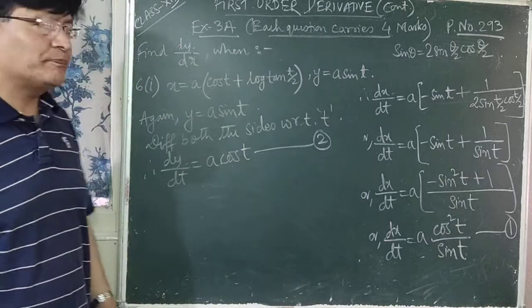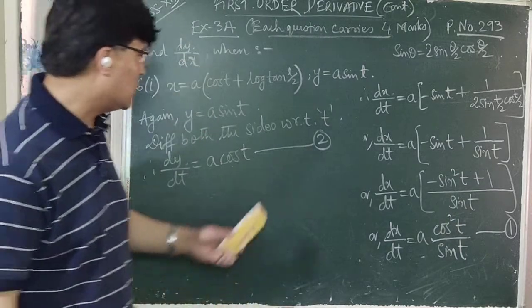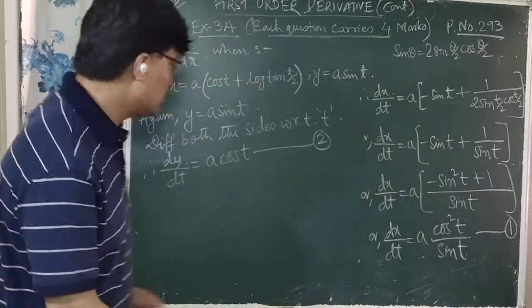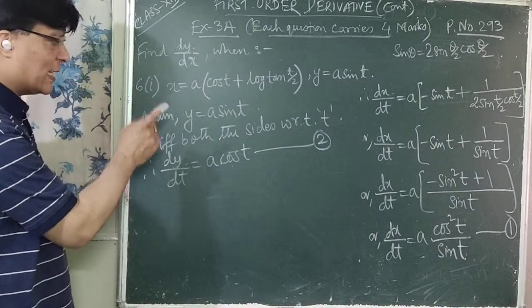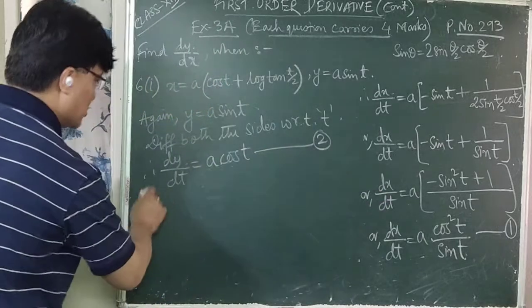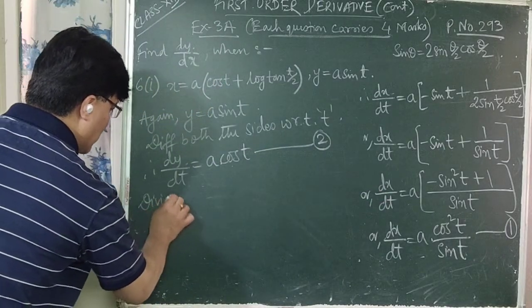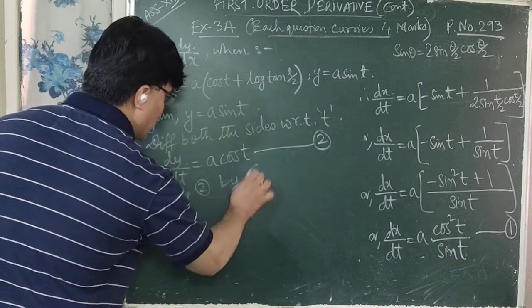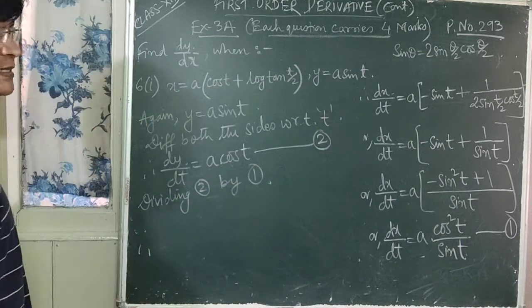So now what will you do? You have to get the value for dy/dx. That means you have to divide 1 by 2 or 2 by 1? 2 by 1, because dy should be the numerator. That's why you have to divide 2 by 1. So write down, dividing 2 by 1. So what do we get?